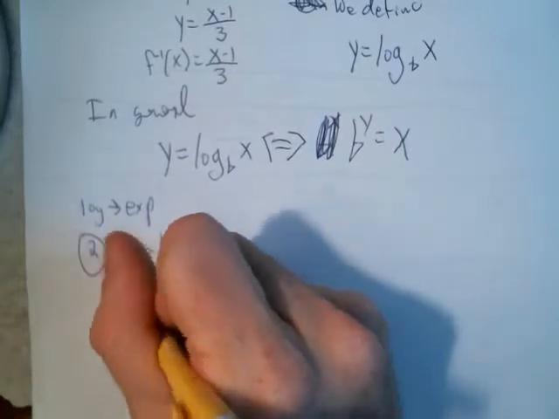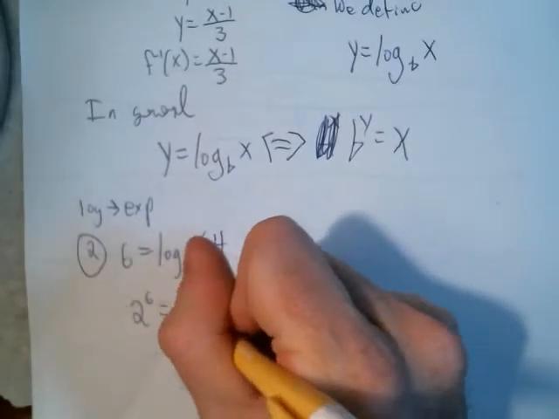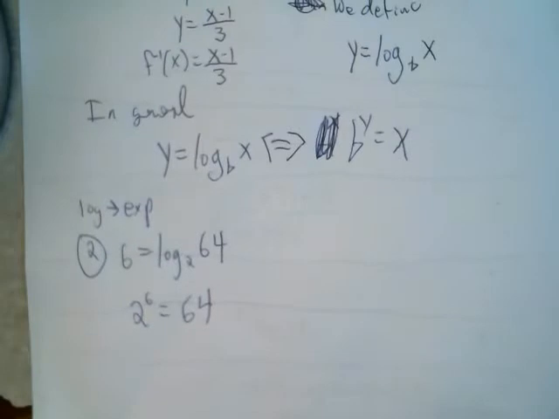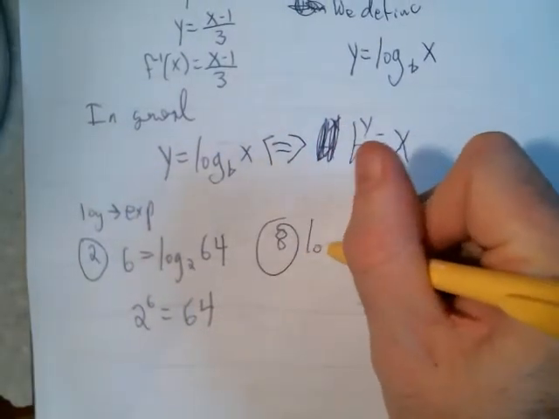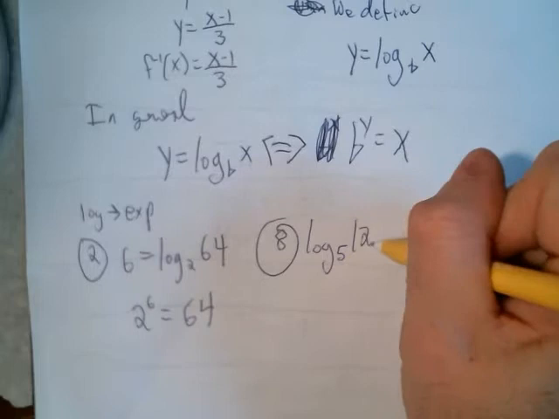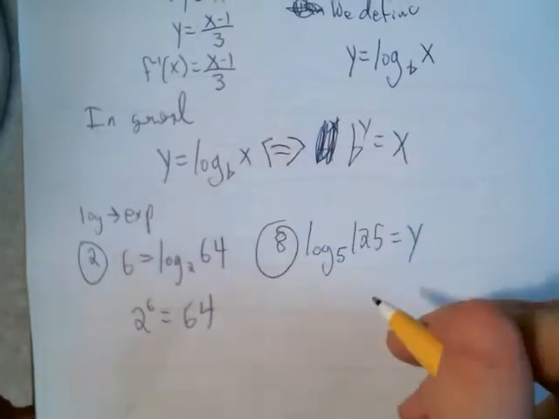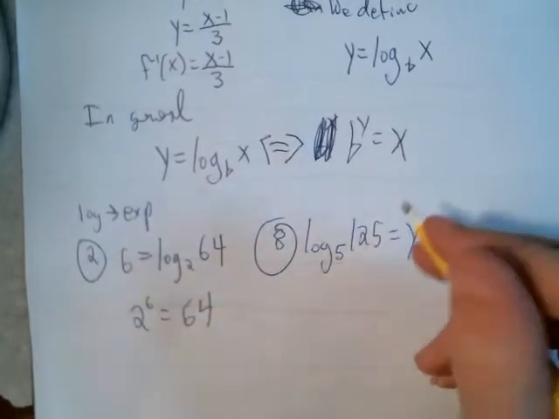So 2 to the 6 equals 64. And it's one of these things you're just going to have to practice, and after a while it'll be second nature. Okay. Let's look at another, number 8. Log base 5 of 125 equals y. So we can rewrite it, 5 to the y equals 125.